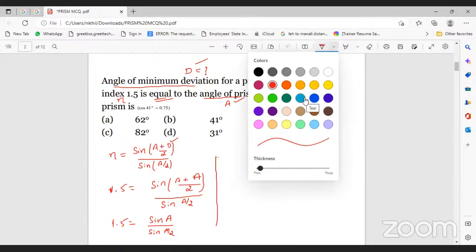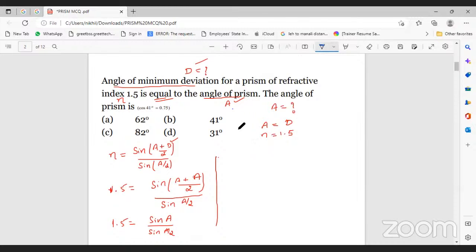Now, you know the angle formula, right? What is the sine 2 theta formula? 2 sine theta cos theta.